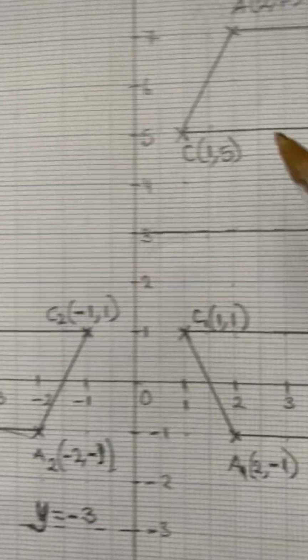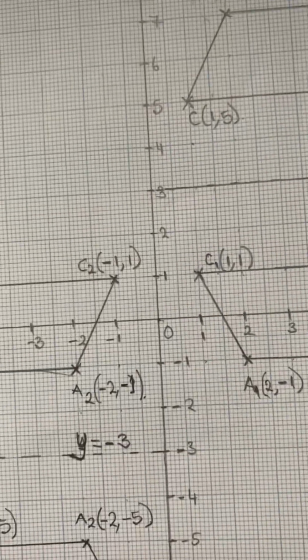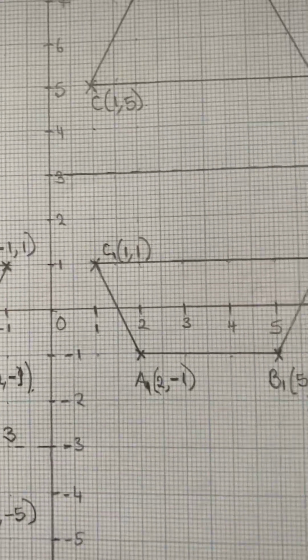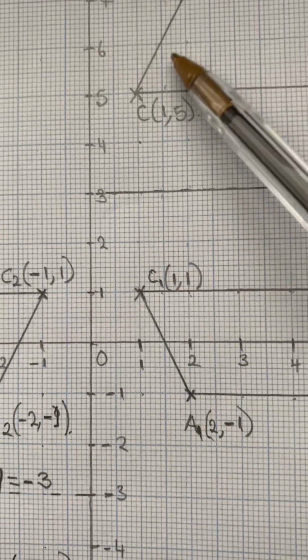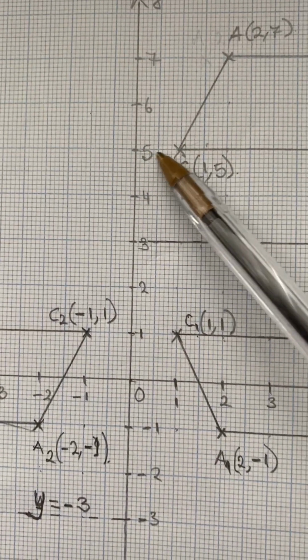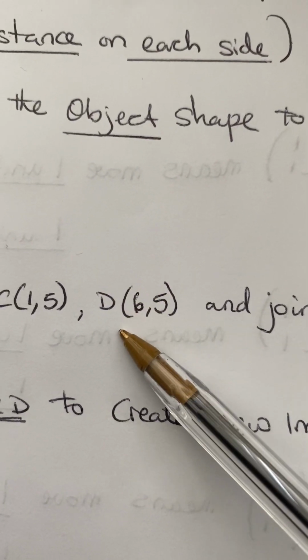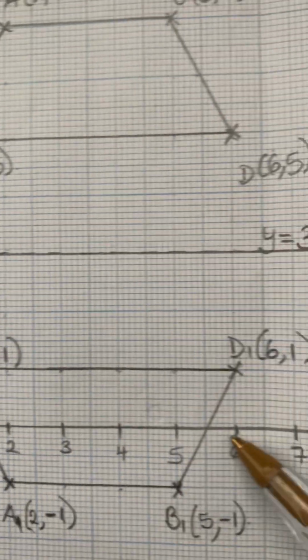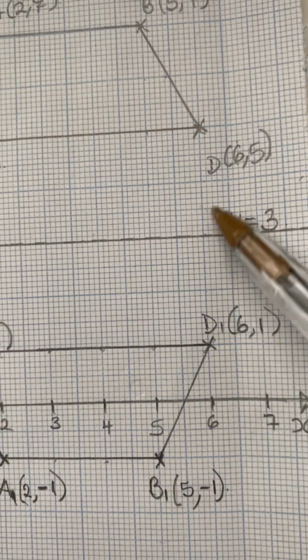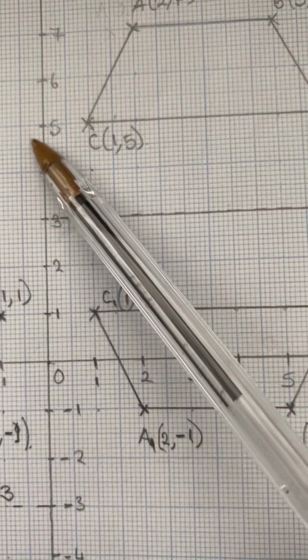So here, C, there, that is 1, and that will be 5. D(6,5). So D here, 6 all the way up, and that's my 5.